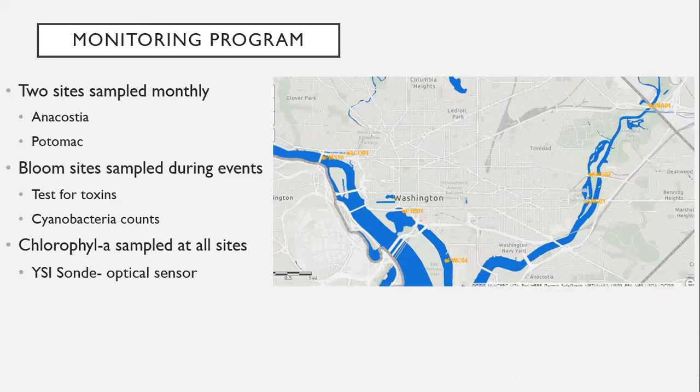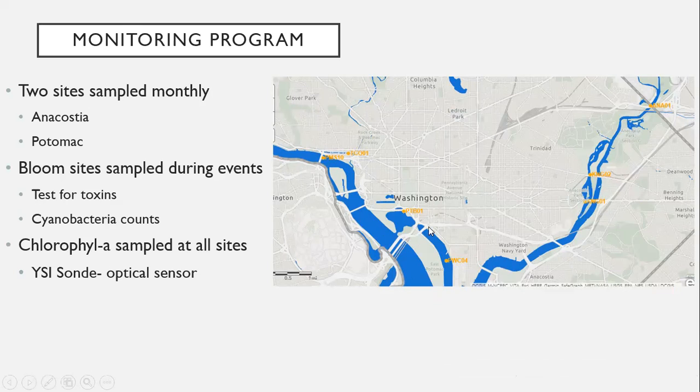So our monitoring program occurs on both the rivers in DC, the Anacostia and Potomac, as well as tributaries that aren't mapped here. DOEE analyzes two sites, the PMS 10 here on the Potomac and ANA 01 on the Anacostia.